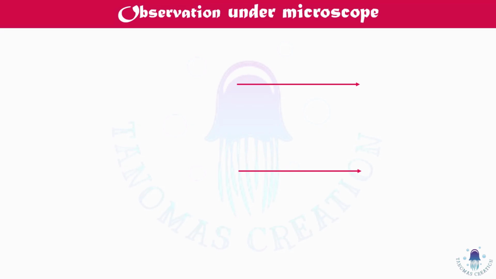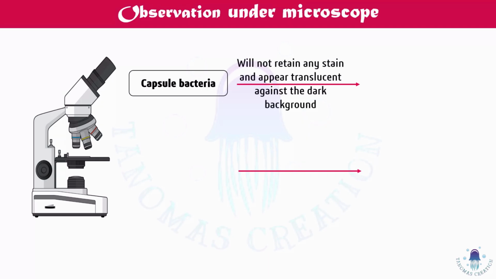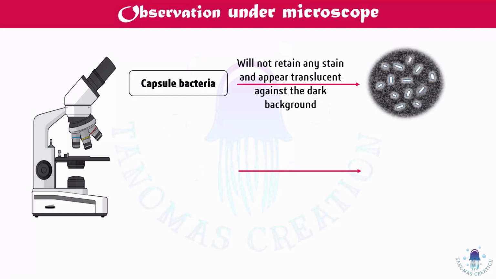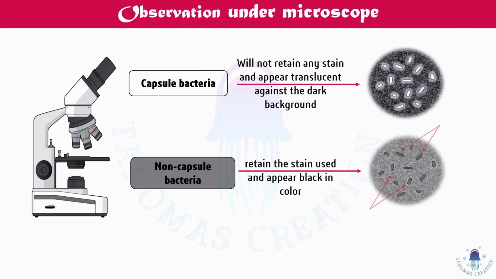Now, what will we observe under the microscope? We will observe that the capsulated bacteria will not retain any stain, and hence they will appear translucent against a dark background, as shown in this picture. Whereas the non-capsulated bacteria will retain the stain and appear black in color, as shown in this picture.